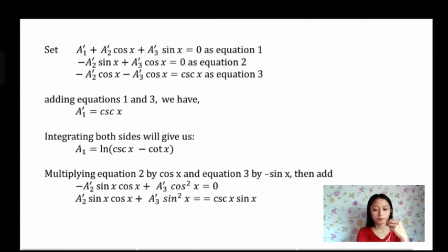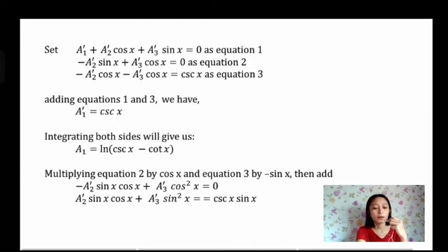Then equation 2, negative a sub 2 prime sine x plus a sub 3 prime cosine x equals 0, times cosine x equals negative a sub 2 prime sine x cosine x plus a sub 3 prime cosine squared x.